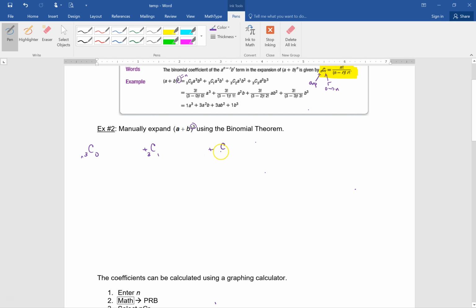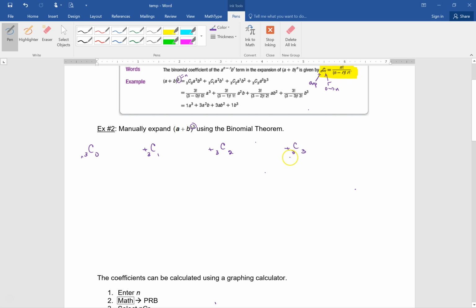The next one is C, 3, 2. And what's the next one? C, 3, 3. Why are all these 3s? Where do you get it from? Because that's the exponent, and R just goes from 0 to that number.